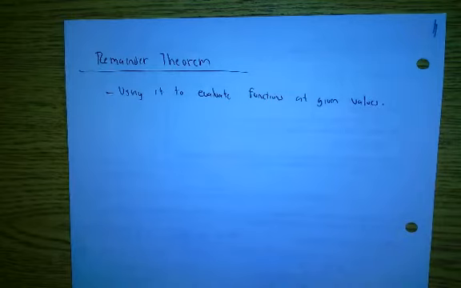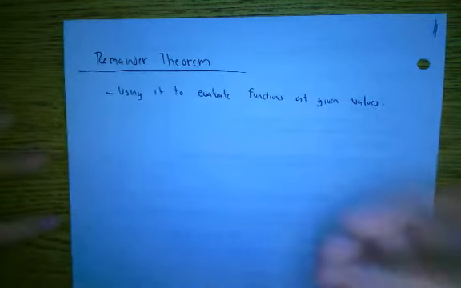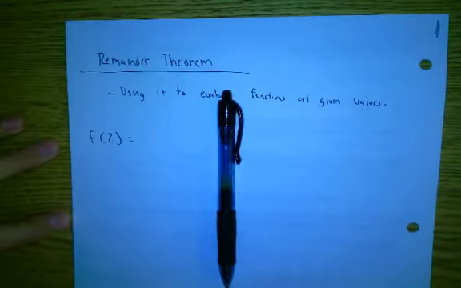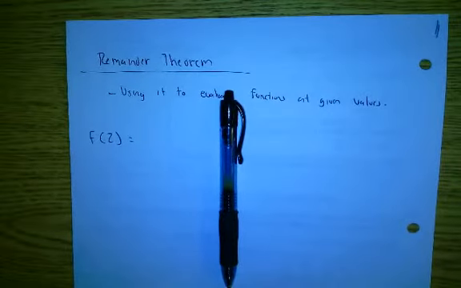So if I give you a function and I say f of 2, what would you do? Typically, if I give you a function, you would just plug 2 in for the function, correct? Alright. Technically, that is the best way to do it, and I would honestly do that. If I'm not given an option, that's what I would do, right? I would go ahead and plug in that value.